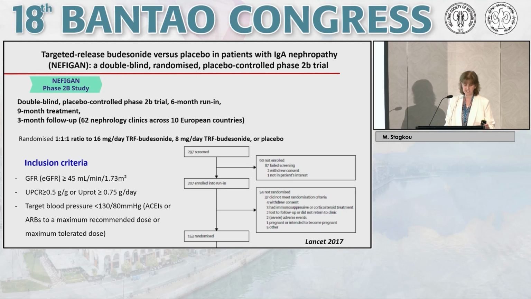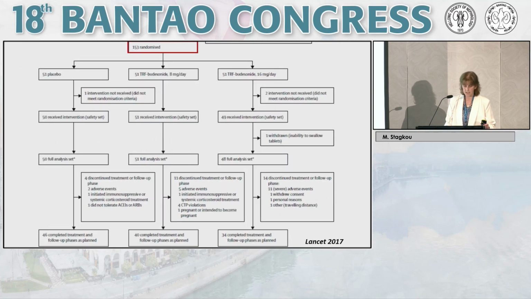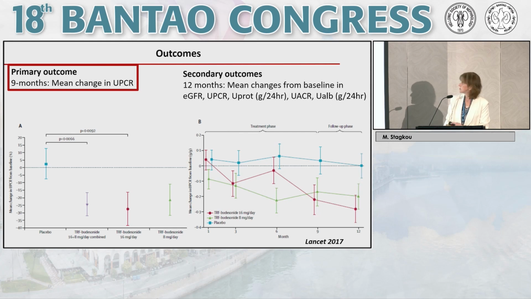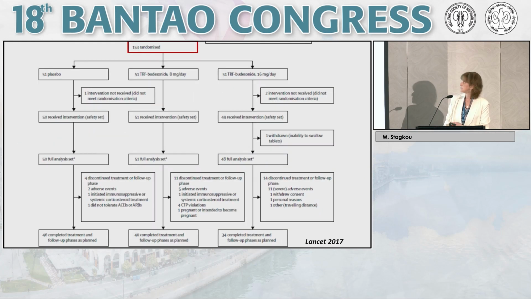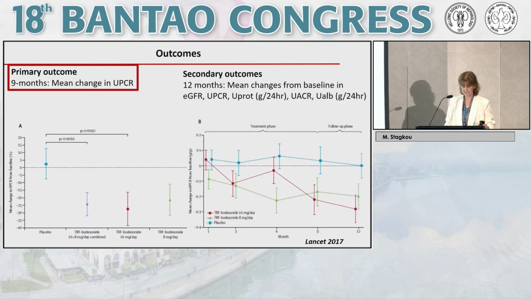And of course, patients had to be treated with the maximally tolerated dose of ACE inhibitors. This trial had about 153 patients. They were randomized to either 8 milligrams of budesonide, 16 milligrams of budesonide, or placebo. And we can see the results here.